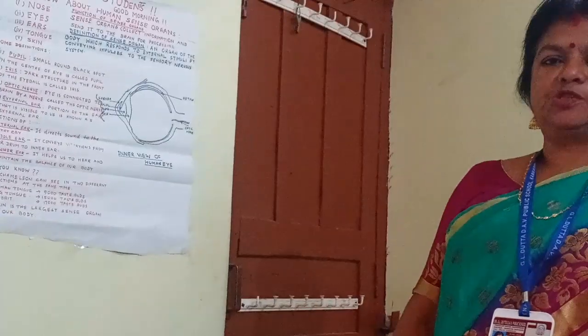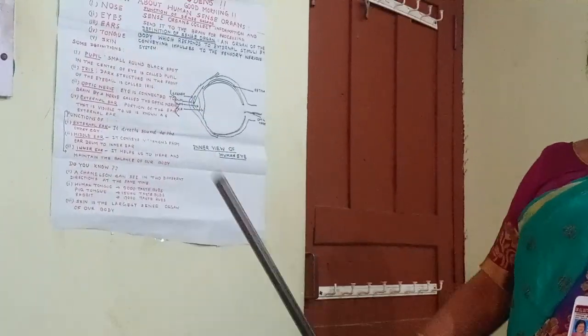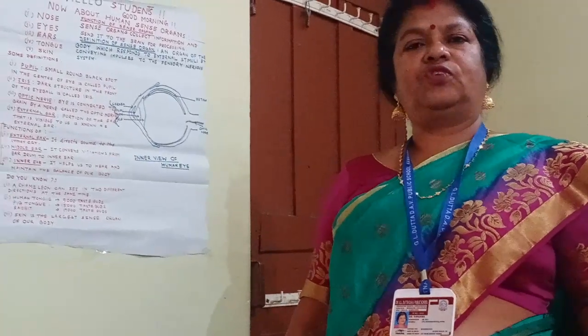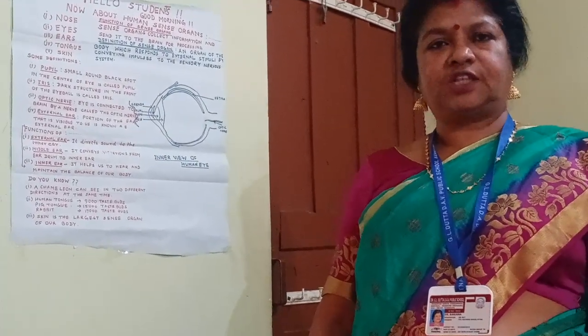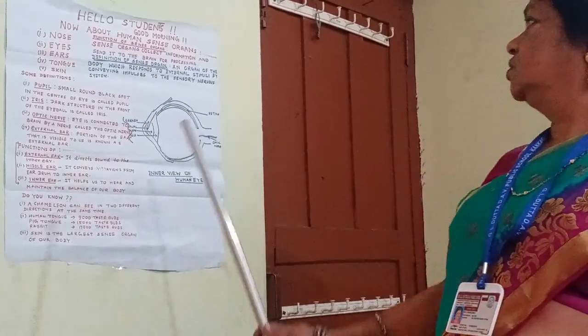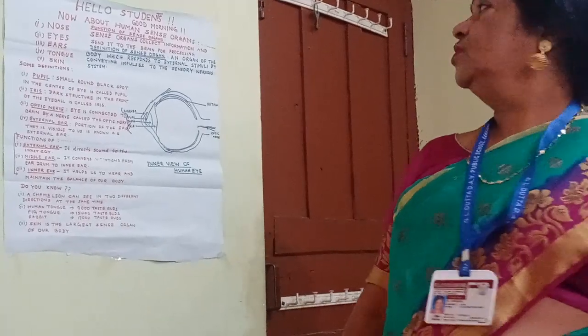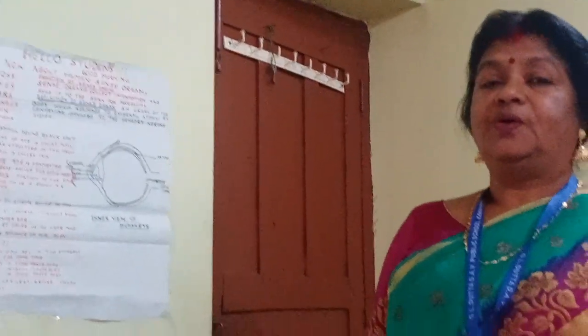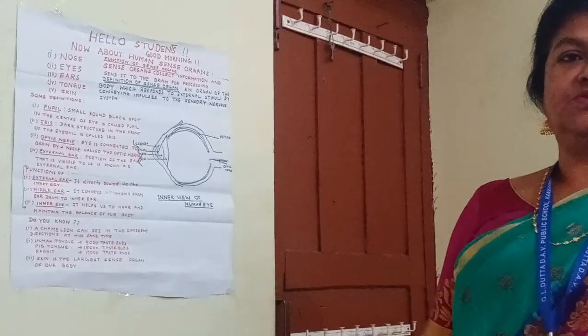Any type of reaction in the body is felt by one type of sense organ, and that reaction is sent to the brain with the help of sensory nerves. Is it clear? So then we feel any reaction.